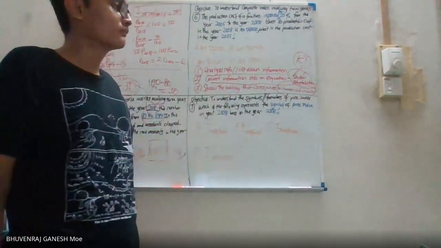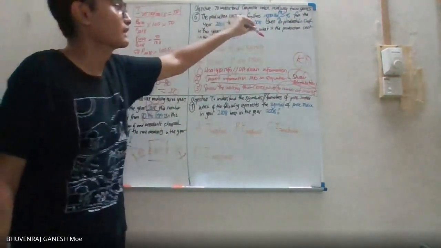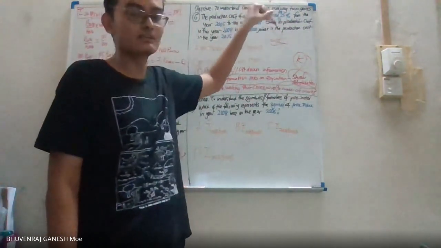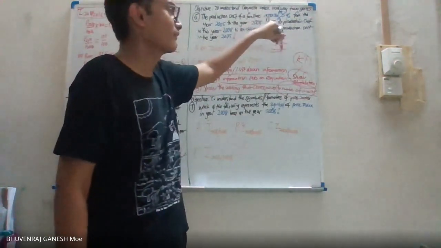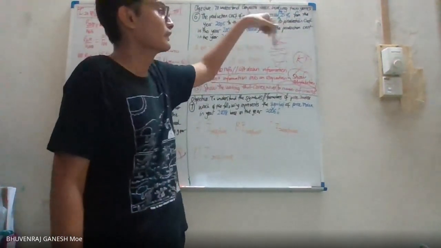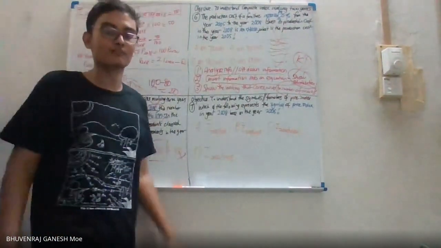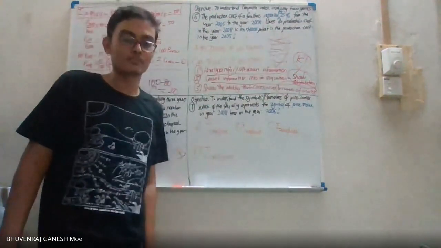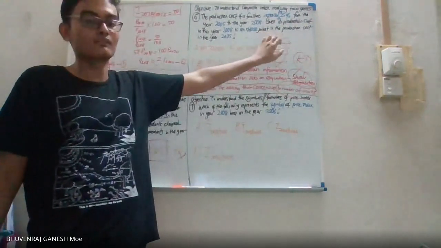Always show longer working, because sometimes what you show on top might be wrong, but later you do the correct one down here, and the answer gets the mark. So don't worry if you do wrong things on top; they won't penalize you. But make sure you have some working at least on the paper to get the mark for this chapter. So if you make a mistake on top, no need to worry.